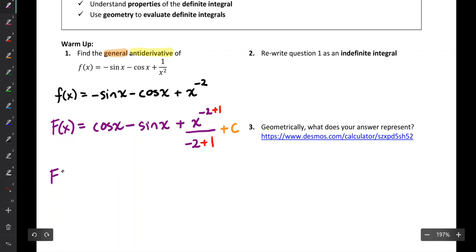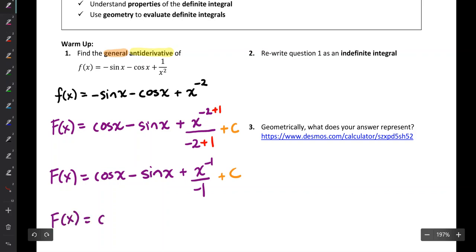Let's go ahead and clean it up. Minus 2 plus 1 is minus 1, so we have x to the minus 1 power all over minus 1 plus c. And finally, just making it look nicer, minus 1 over x plus c.